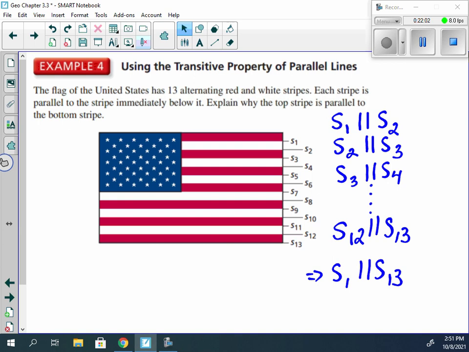It's just an arrow. In mathematics, we also use it as therefore. Since all of these are parallel, therefore, by our transitive property of parallel lines, we can say that the top line is parallel to the bottom line.